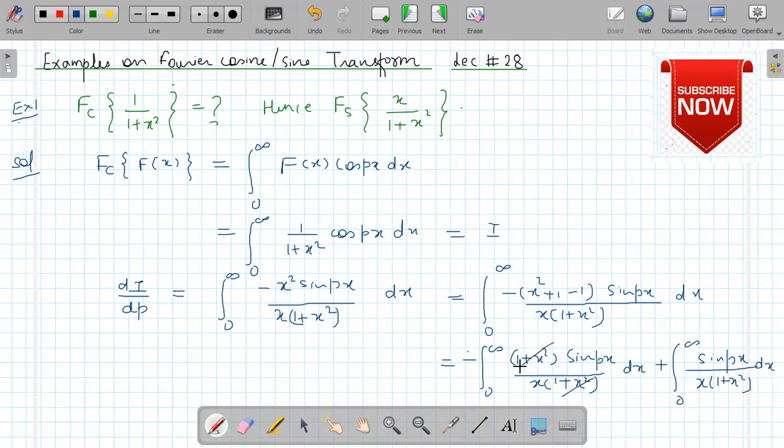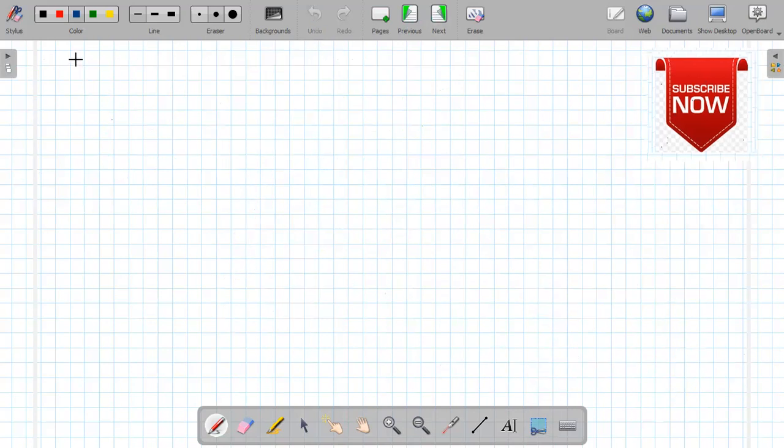This cancels with this, and integral 0 to infinity sine px upon x, its value is obtained by Laplace transform, and its value comes out to be pi by 2.